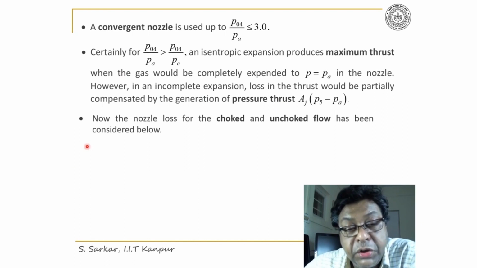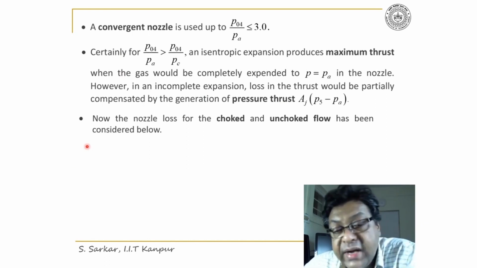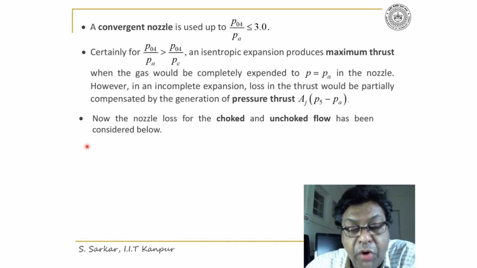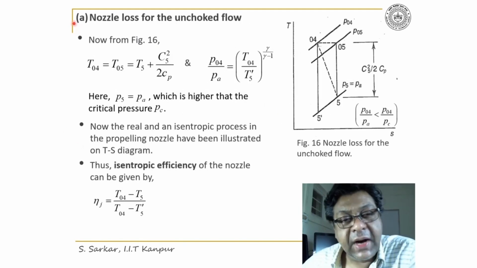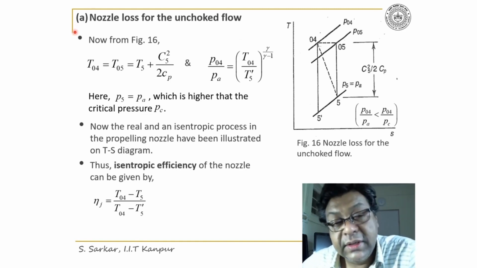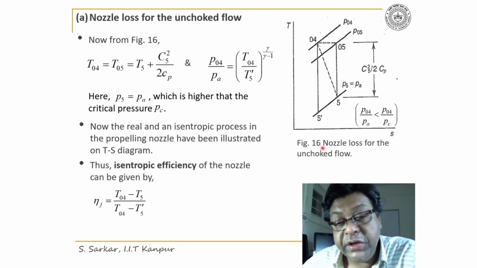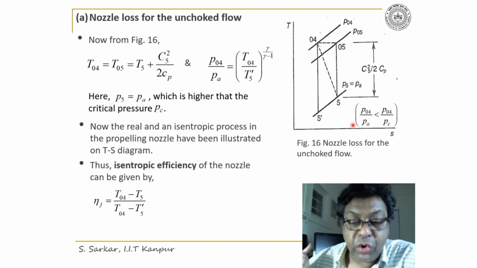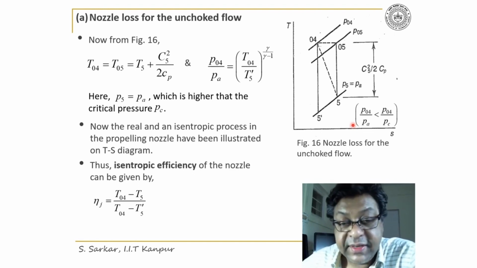Now, the nozzle laws for the choked and unchoked flow will be discussed in the following page. I'll discuss now the nozzle laws for the unchoked flow, that means when P04/Pa is less than P04/Pc, that means the atmospheric pressure is greater than the critical pressure.